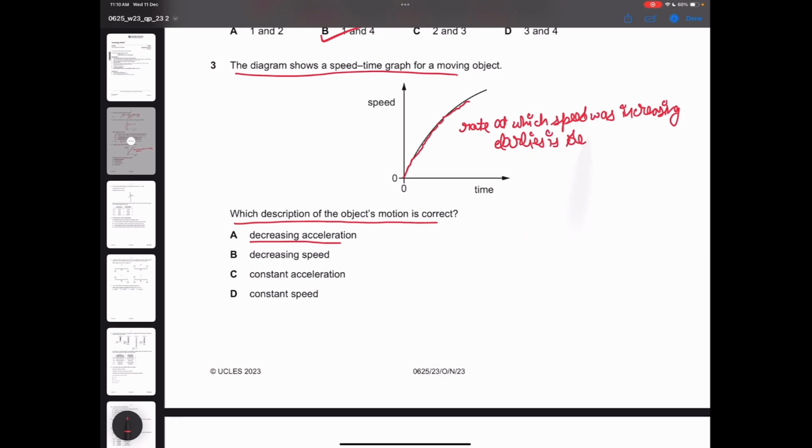See, earlier there was a steeper slope, now the slope is decreasing. So you can say deceleration is there, so decreasing speed. It's a very simple question. Just look at the gradient of the speed-time graph is decreasing, means deceleration is there, or you can mention decreasing speed.